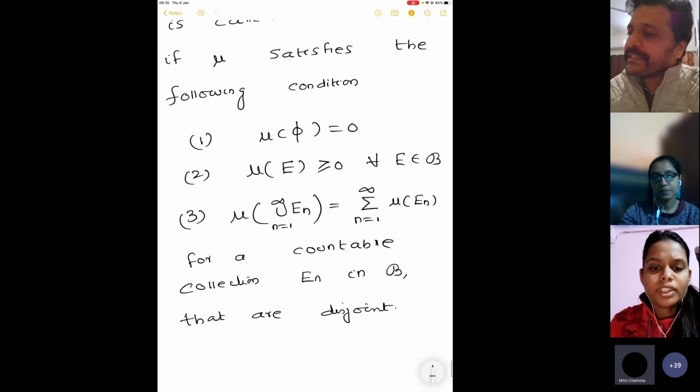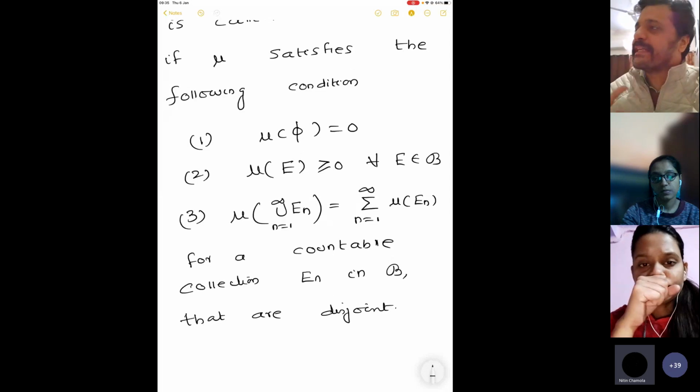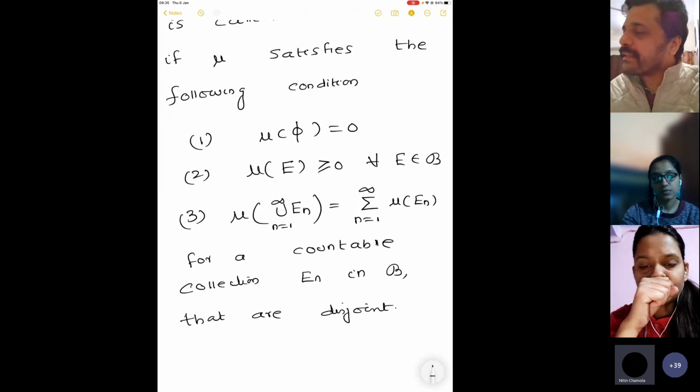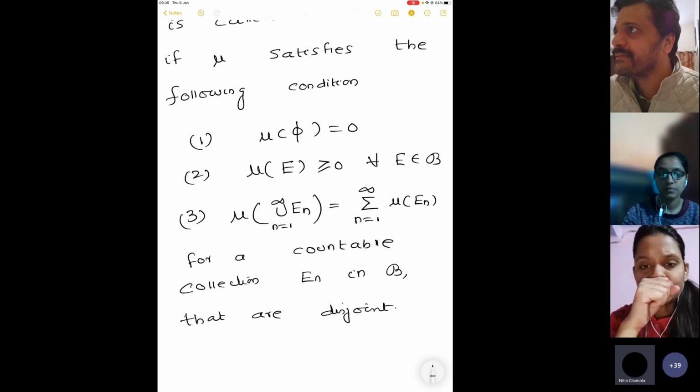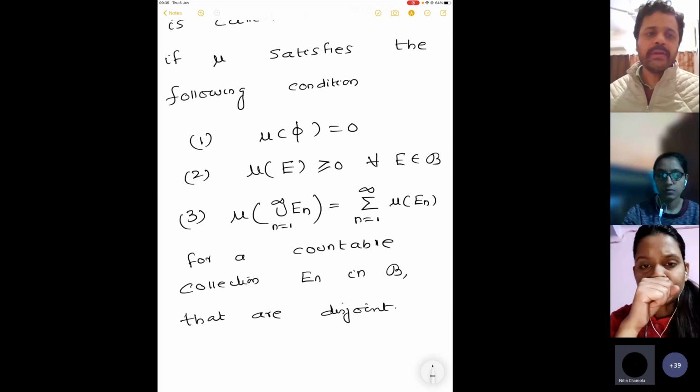Yes, sir. How is this third demand motivated? Let me just cross check. Why do we impose mu of union En is equal to summation mu of En? The underlying principle is twofold. One is that a whole you can divide into several parts and you can add a finite number of times.